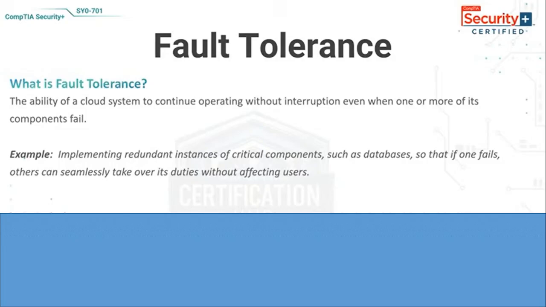Like implementing redundant instances of the critical components such as a database so that if one fails, the other can seamlessly take over its duties without affecting users. It will run smoothly. RAID terminology is also an example of that.